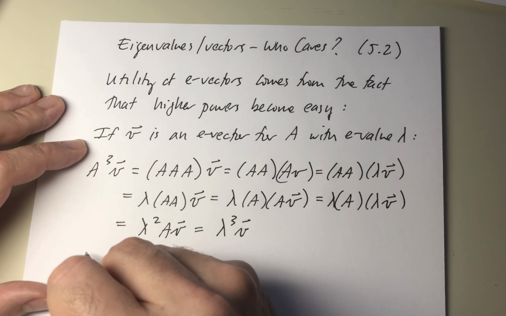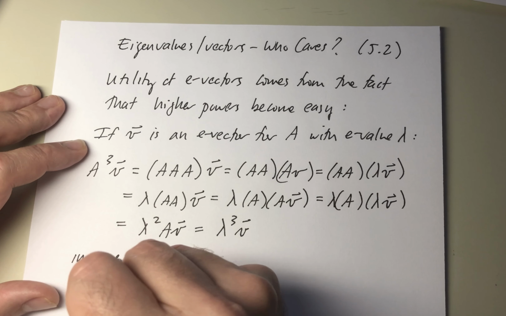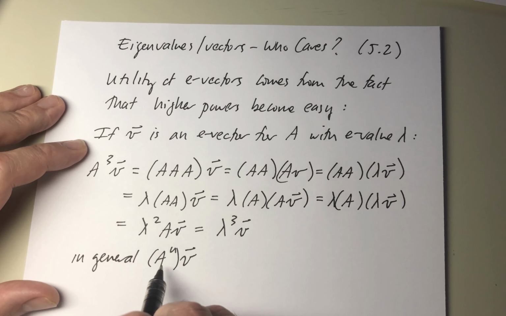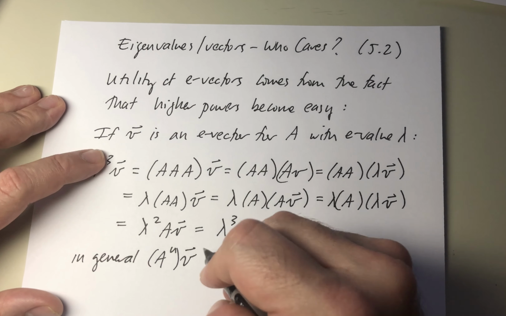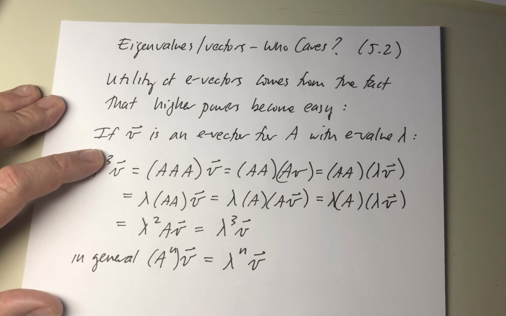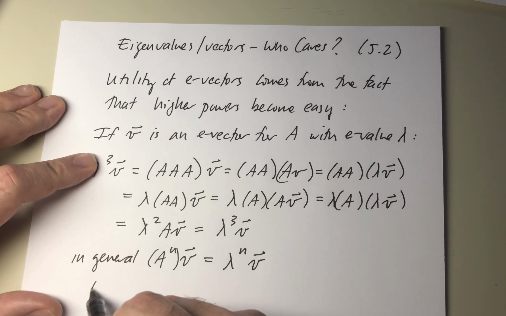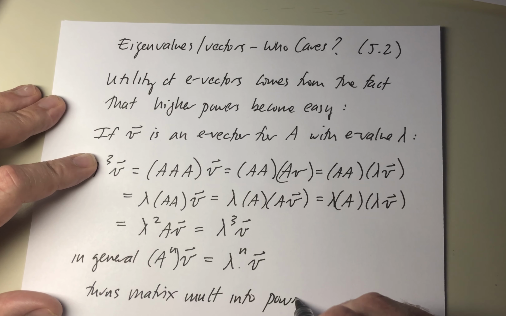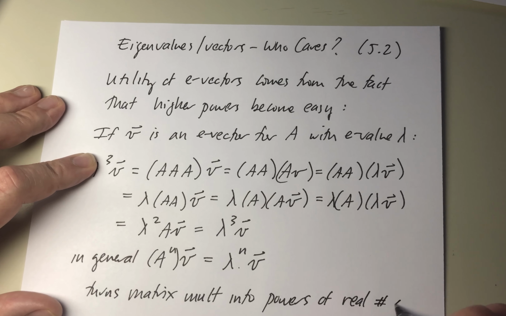So in general, what this is saying is that we have A to the n times v, and no matter how high that power is, this is just going to be given by the number lambda to the n times v. So this turns matrix multiplication into just powers of the real number lambda, which is easy.